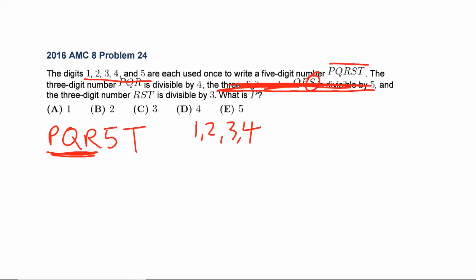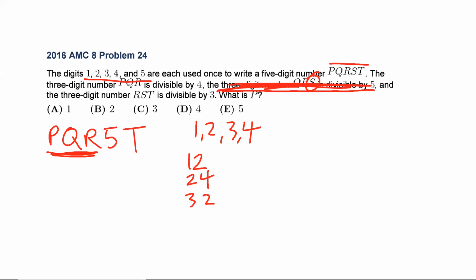So since the last 2 digits have to be divisible by 4, the only way we can create multiples of 4 out of these 4 numbers are 12, 24, 32, and that's it.